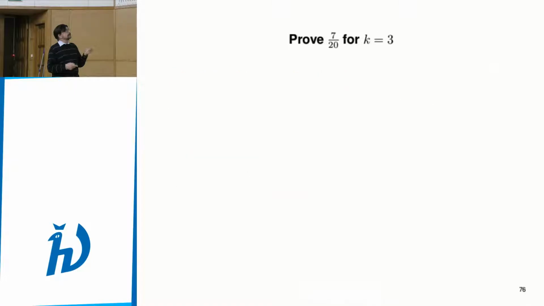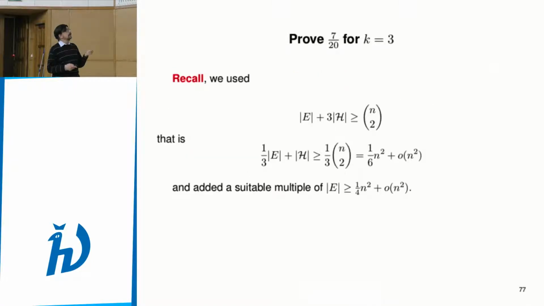So recall that we used this inequality in this form, and we added 2/3 of E, which we had in the lemma, which was independent of anything. So we had that the size of E is at least 1/4 using the Lovász-Simonovits theorem.